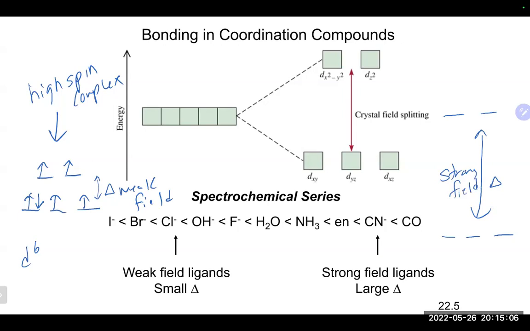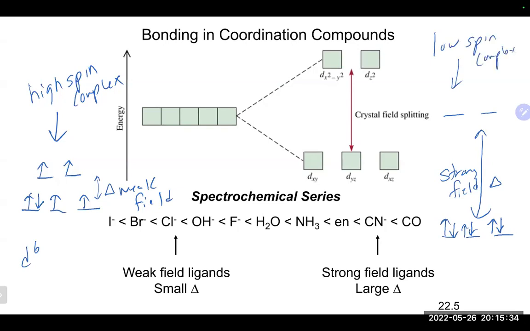You're going to go 1, 2, 3 and say, no thank you, I don't want to go up there. It's going to come back to the bottom here and actually start pairing them off. In this particular case, how many unpaired electrons do we have? None. They're all paired up.